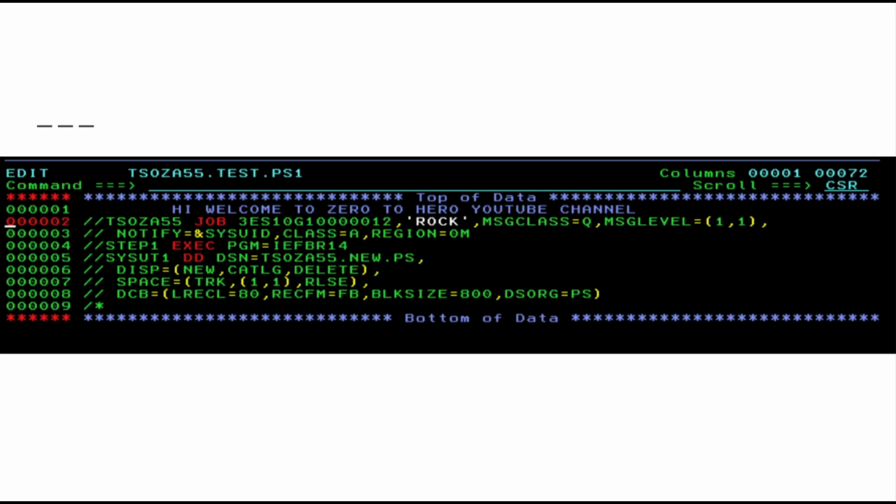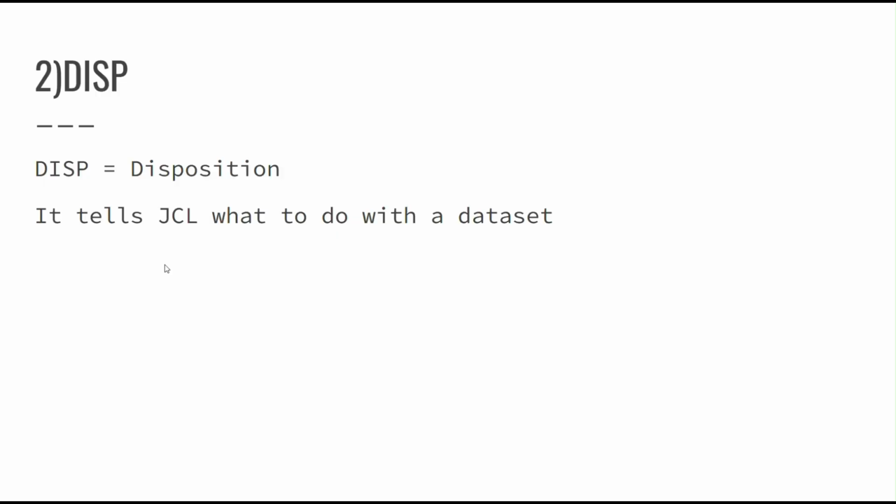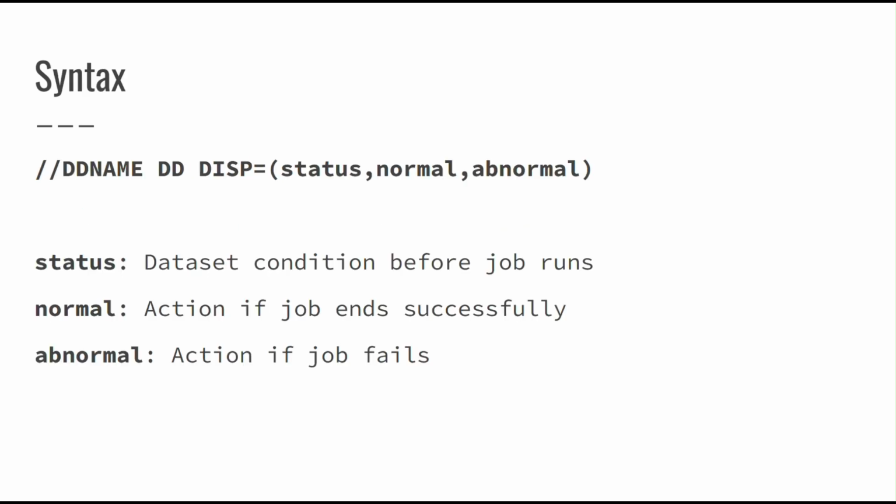Now let's see what DISP means. DISP means disposition. It tells JCL what to do with the dataset. The syntax is //DDNAME DD DISP=.